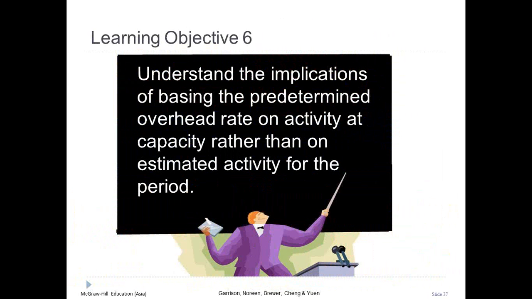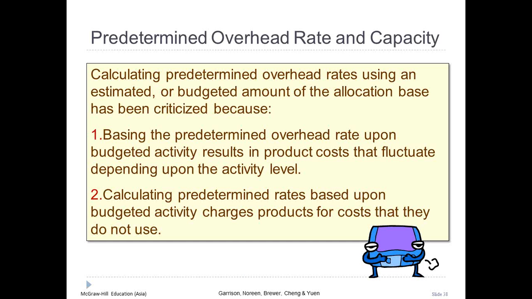Learning objective number 6. Let's understand the implications of basing the predetermined overhead rate on activity at capacity rather than on estimated activity for the period. There are two major criticisms of calculating the predetermined overhead rate based on estimated amounts.